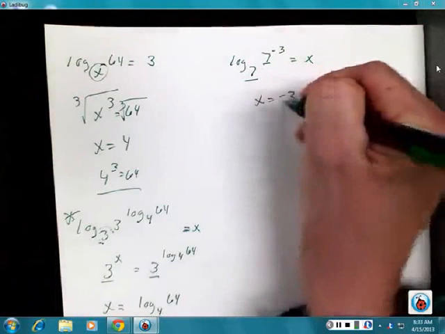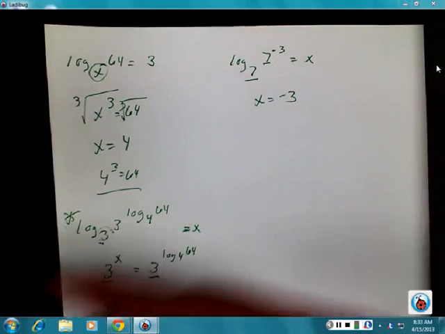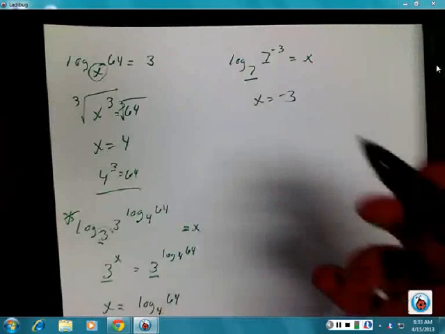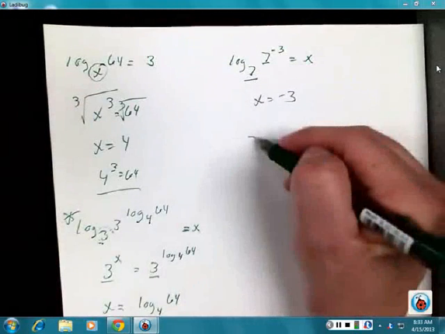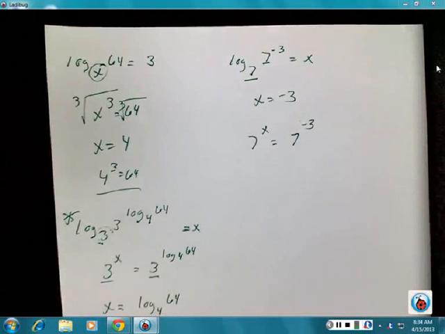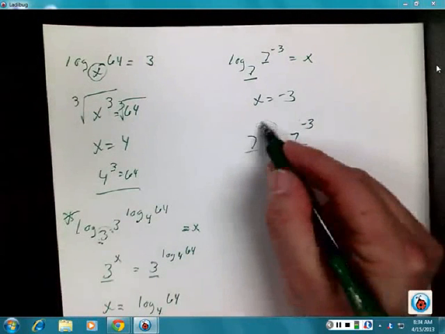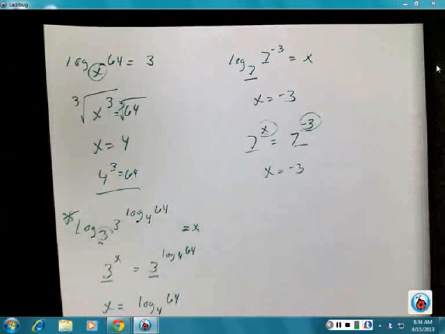And that's all I have to do with it. Okay? Not much work with that one. It's just if I remember that. Now, can we work it out? Sure. If you don't remember that, remember it's 7 to the x power is equal to 7 to the negative third. Bases match. So my exponents get set equal to each other, and I get that for an answer.